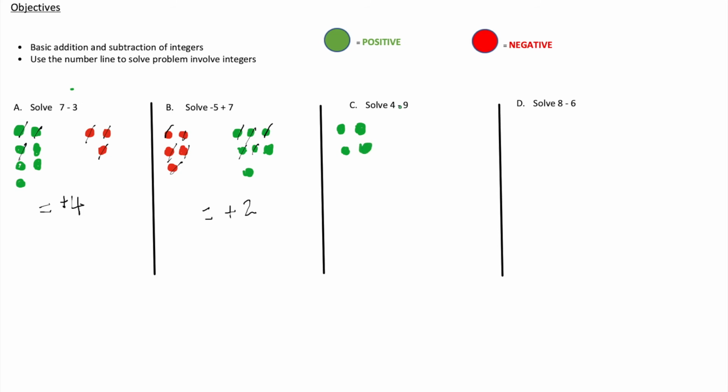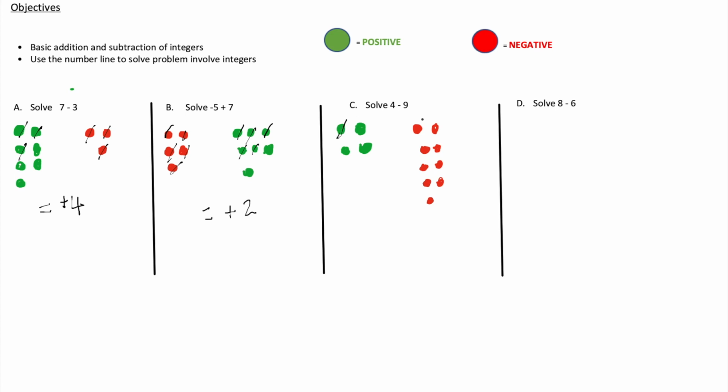Now, as we said before, the sign belongs to the number to the right. So for -9, we're going to draw 9 circles. And all we have to do now is to cancel.